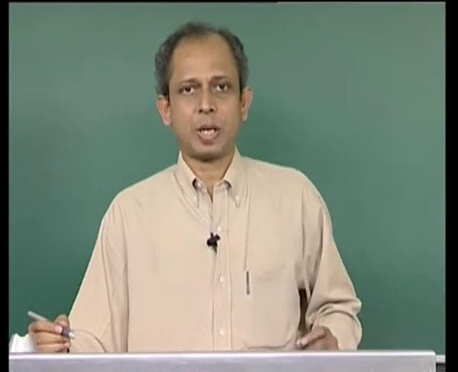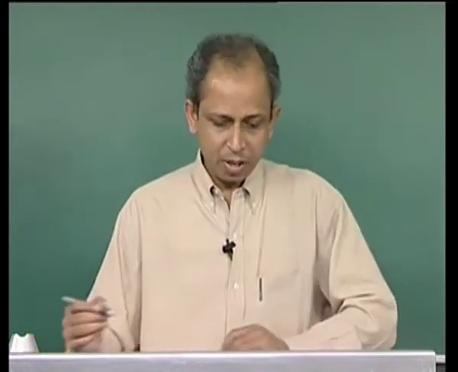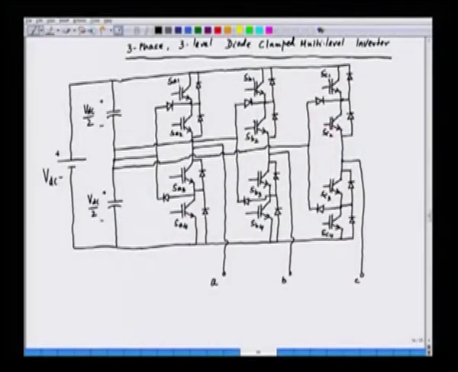Let us concentrate on phase A. In phase A, we have switches SA1, SA2, SA3 and SA4. Now, when we switch on SA1 and SA2, the voltage VA, with this point we can call the neutral point N, VAN will be plus VDC by 2.